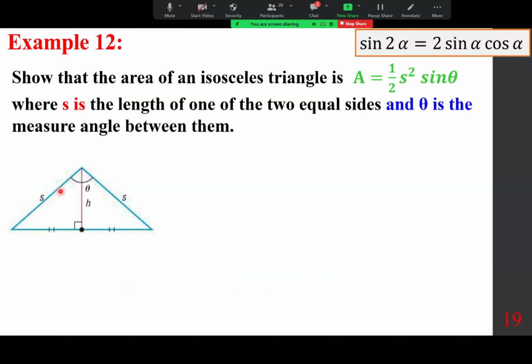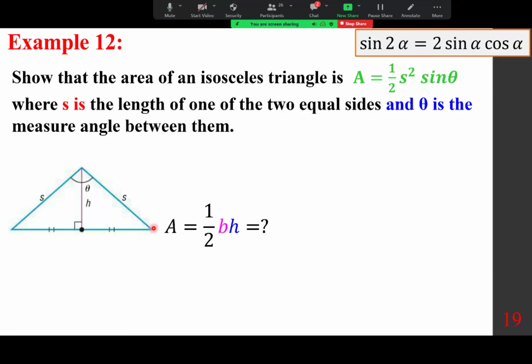So this angle is theta, this side is S, this side is S. We know the area is half of base times the height. So all we have to do is figure out the base and the height. So this is the base, by the way, and this is the height.